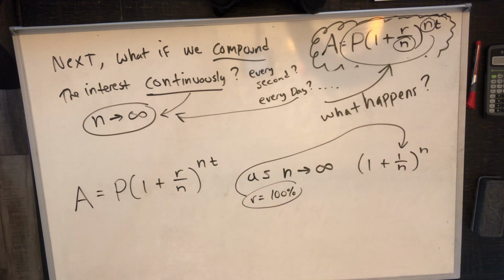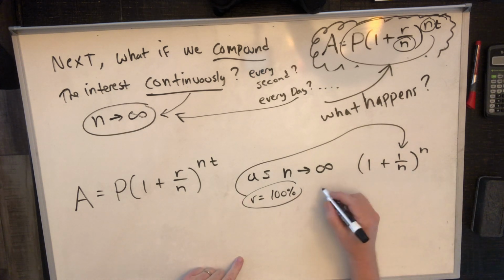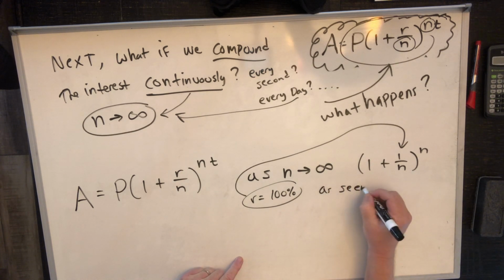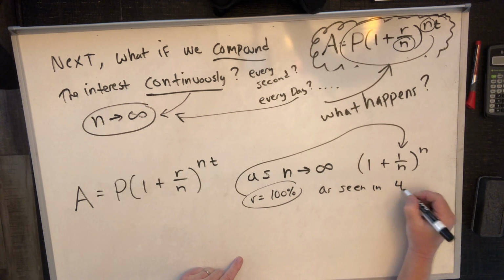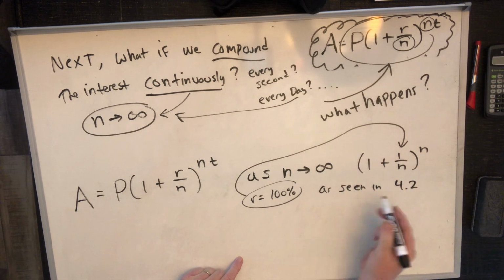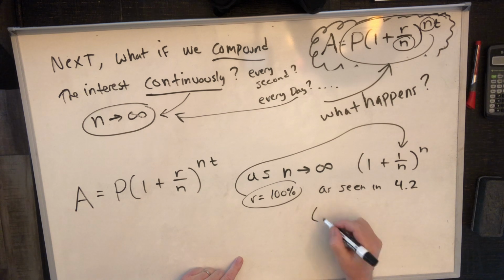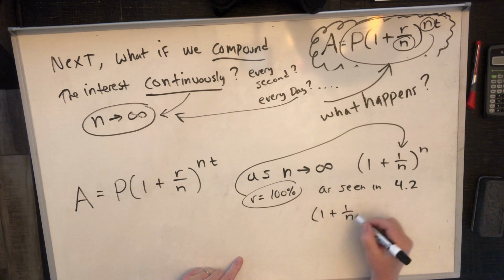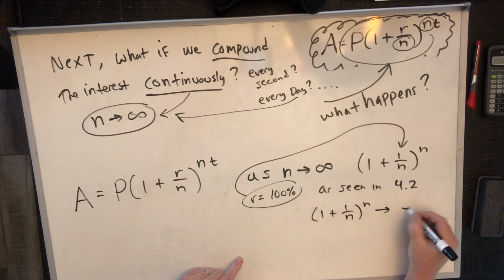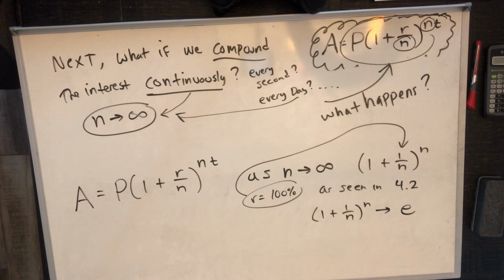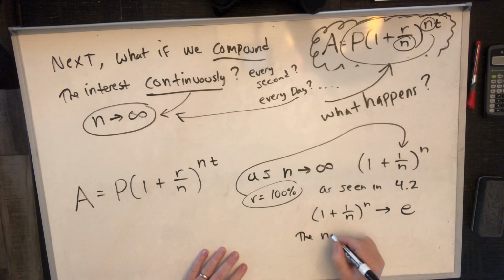So just as an abstract, 100% interest. We already know, as seen in section 4.2, this value approaches e, the natural exponential.